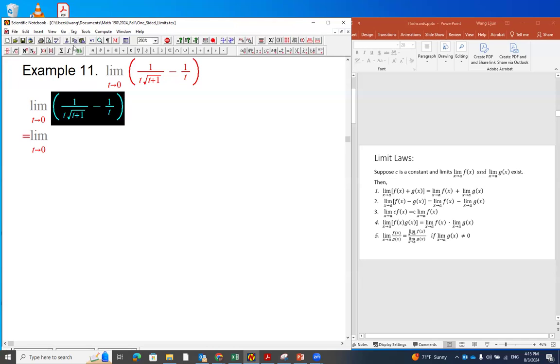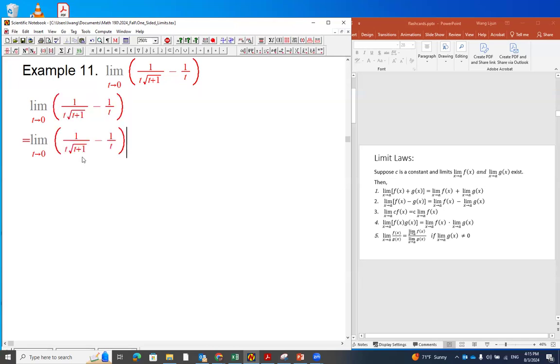So the first part, I want you to see it as 1 times 1 over root t. These two are the same, so I can factor out the 1 over root t.